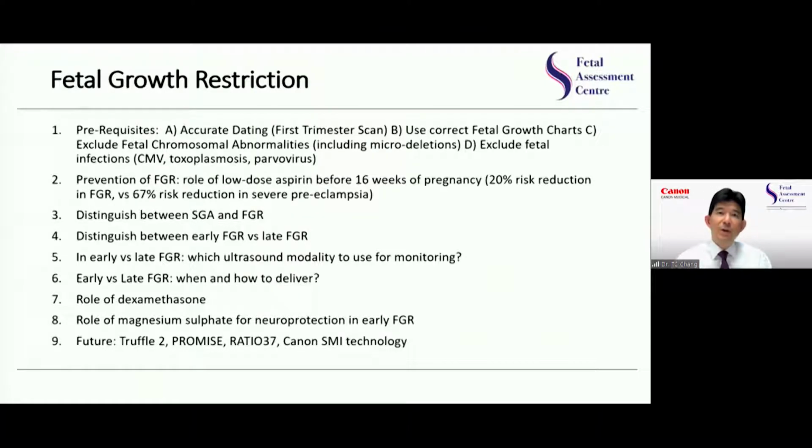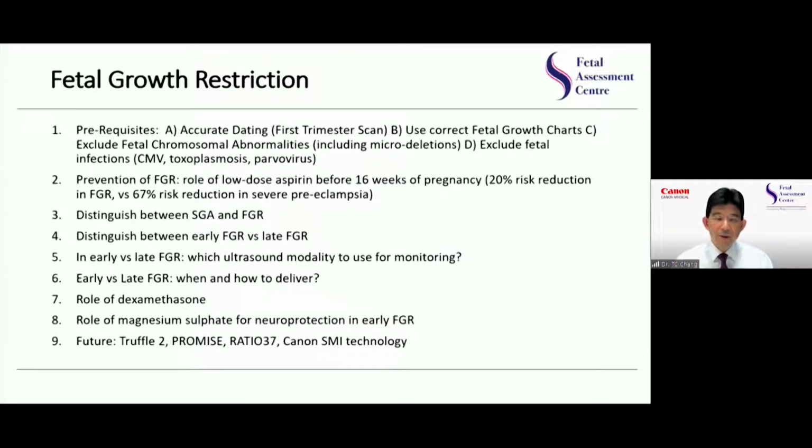We need to be sure that we are using the correct fetal growth charts in our departments and our hospitals. It is also important that whilst we concentrate so much of our efforts on placental fetal growth restriction, let's not forget that there is a substantial proportion of small and growth restricted fetuses that are small or growth restricted because there is an underlying chromosome abnormality like a microdeletion, or because there is actually a fetal infection due to maternal infection.